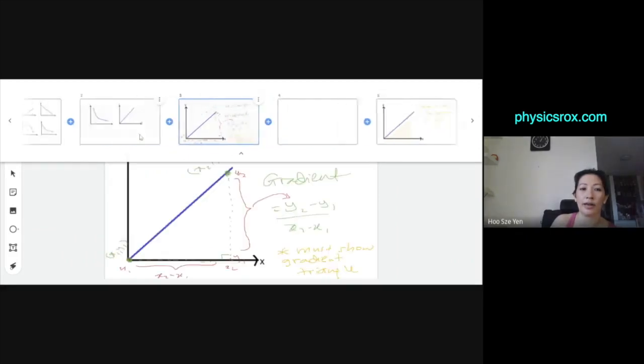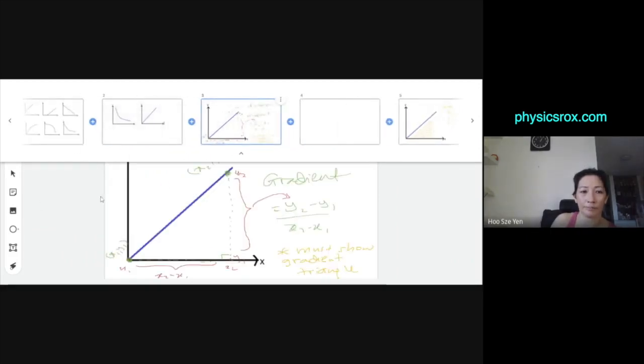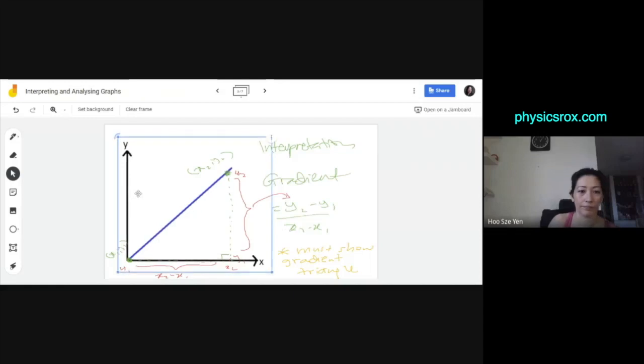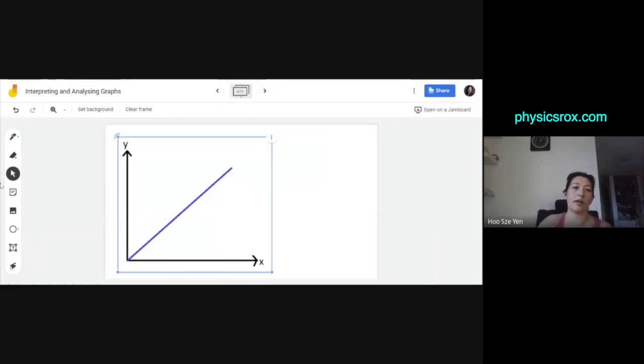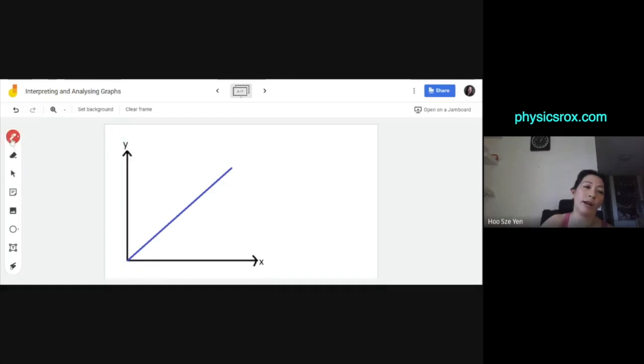In terms of gradient, let's say you have two graphs. Let's say I draw another graph side by side. Let's say this one is the steeper graph. Why we like to draw the gradient triangle in physics is because this allows us to immediately compare the gradient.